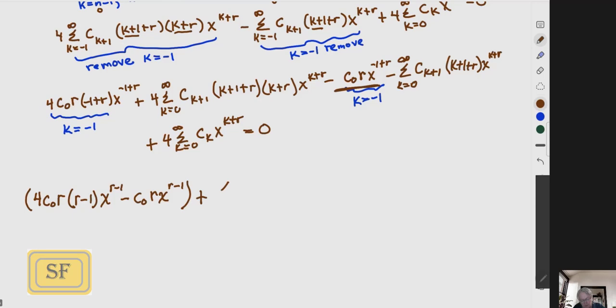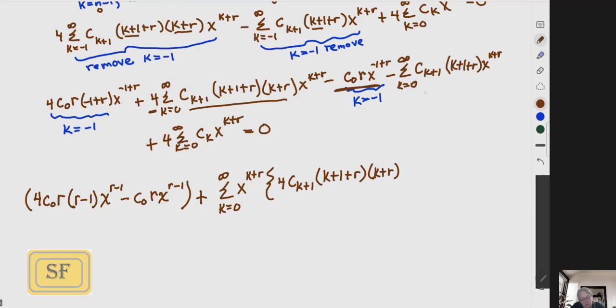And then everything else I'll combine into a single summation where I have k goes from 0 to infinity, and I have that x to the k plus r in common. So that's going to give me a 4 c sub k plus 1 times k plus 1 plus r times k plus r.